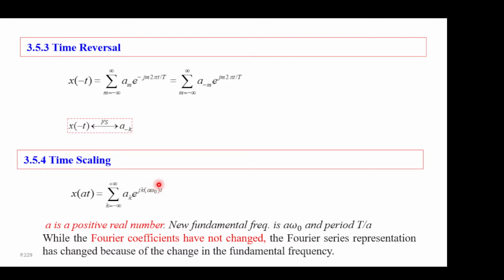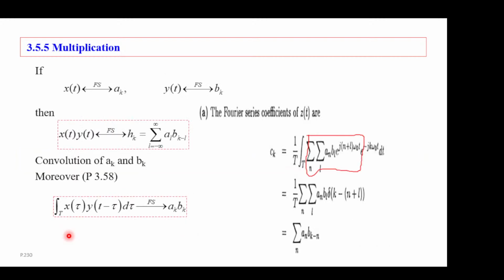Your omega naught will become A omega naught, and your period will become T over big A, because if A is bigger than 1, then it squeezes your signal. Remember in chapter 1? When you do this time scaling, it squeezes your signal and you get a smaller period. Yeah, so this is what happens on time scaling. And multiplication. Okay, so this is something very funny.